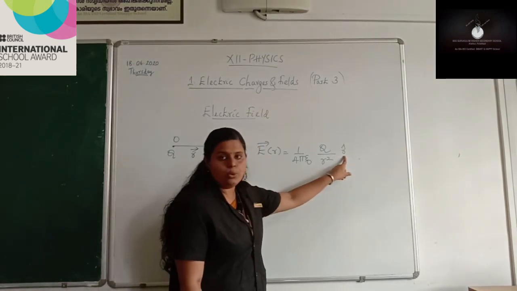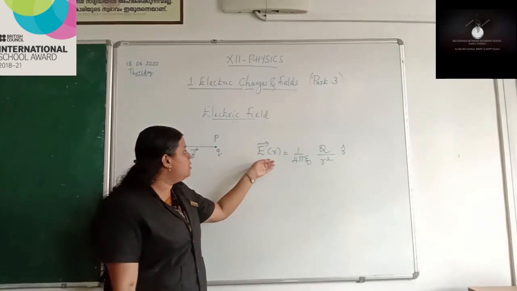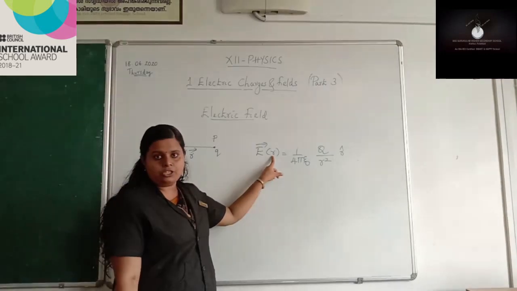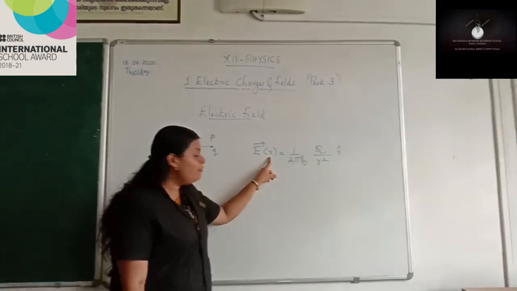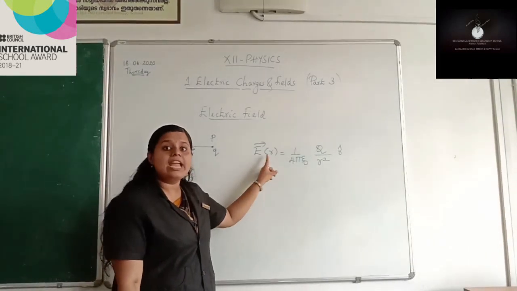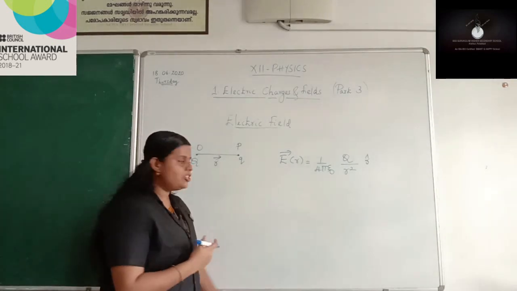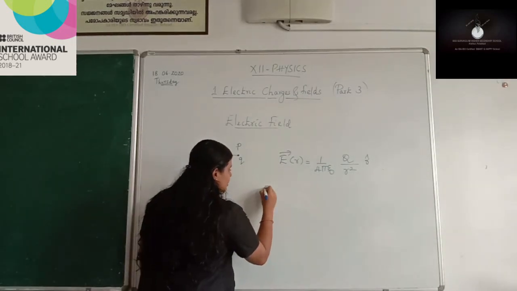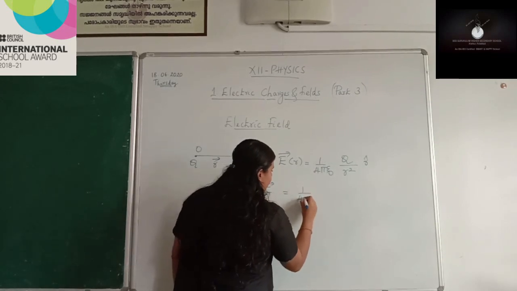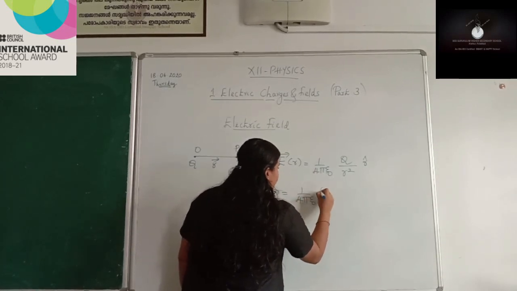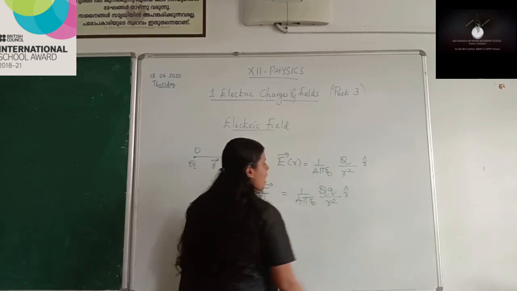Here also r cap is a unit vector. So electric field is a vector. Also, this is a function of position. That means electric field varies with position. Now what about the force between these two point charges? It is given by Coulomb's law. So F is equal to 1 by 4 pi epsilon 0 Qq divided by r square into r cap.